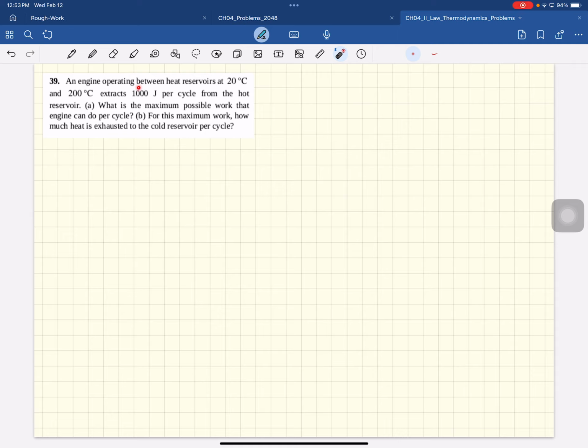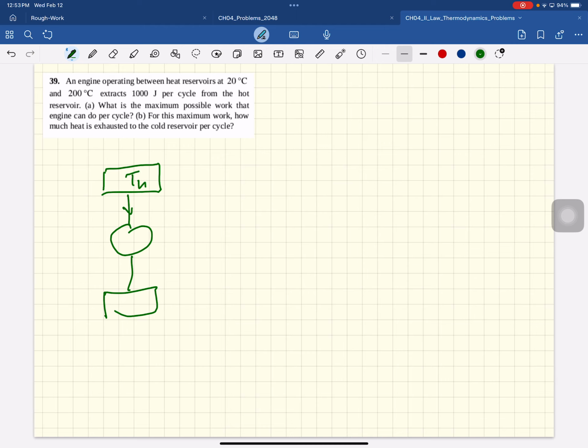An engine operating between heat reservoirs at 20 degrees Celsius and 200 degrees Celsius extracts 1,000 joules per cycle from the hot reservoir. So again, this is the cartoon diagram for the heat engine. You'll see this in your notes. This is the hot reservoir.